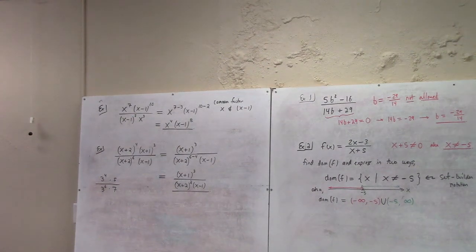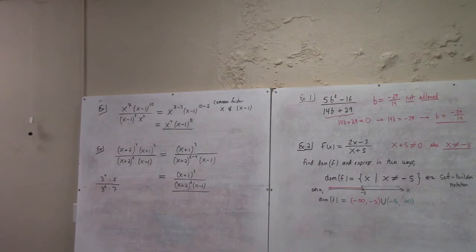Now, if you had more special instructions like simplify this and expand the denominator and the numerator, well, then this wouldn't be quite the right answer. If I was also told to expand the polynomial in the numerator and expand the polynomial in the denominator, then I should multiply the things out.